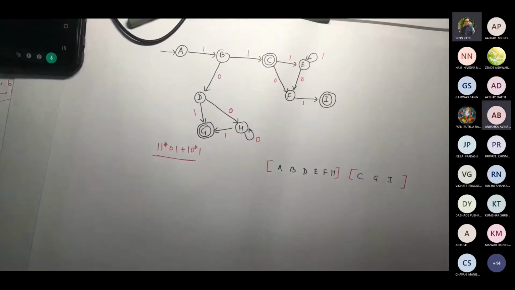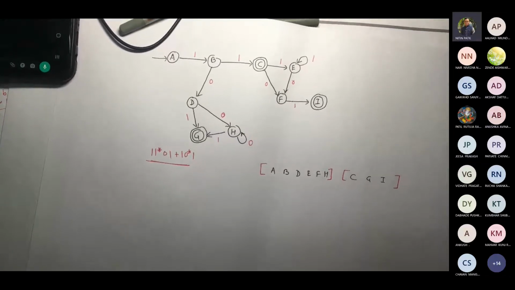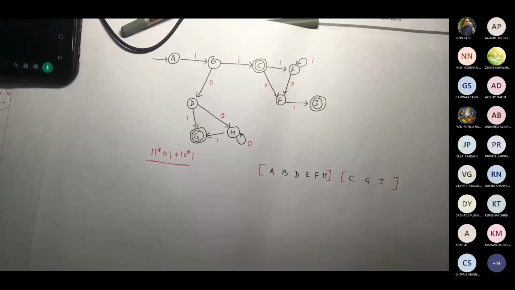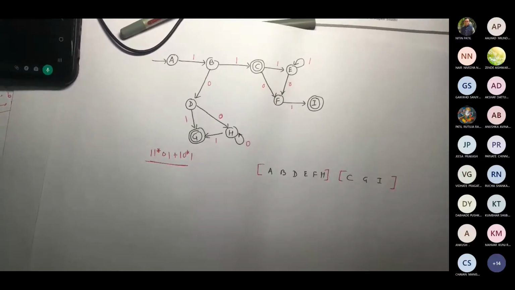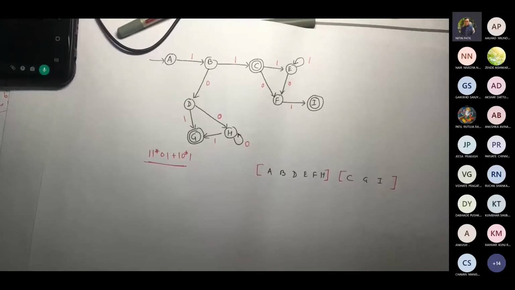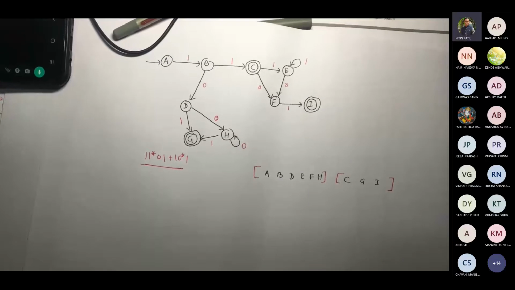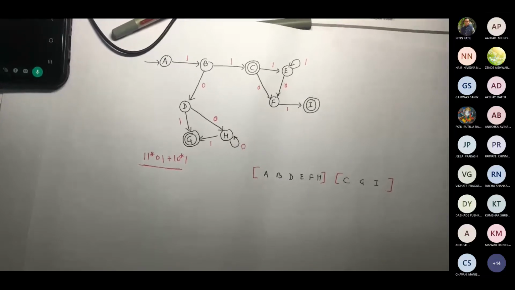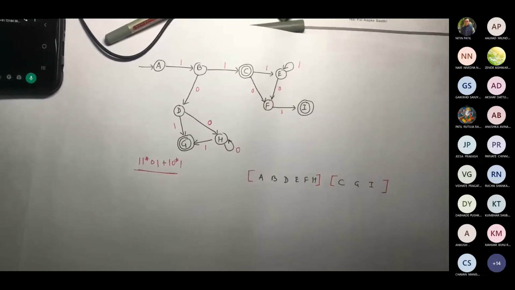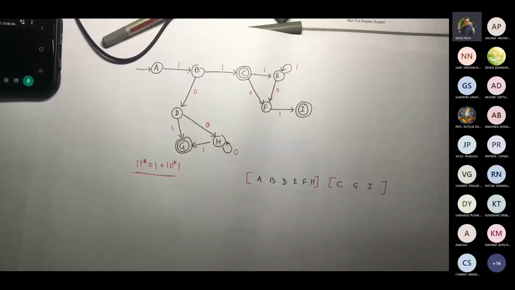Check for input 1. If you carefully see for all these states, with 1 you remain in the same group only for A. For every other case, you are going outside.